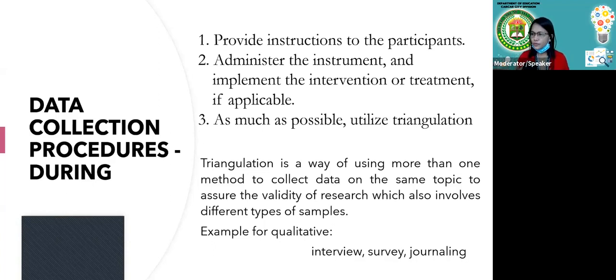So you want to verify and check the consistency of the responses of your respondents or participants. So you conduct triangulation by conducting focus group discussion. You could do that using interview as well, like one-on-one interview or focus group discussion, or you would have another survey, or you make a journal. Okay, so next.